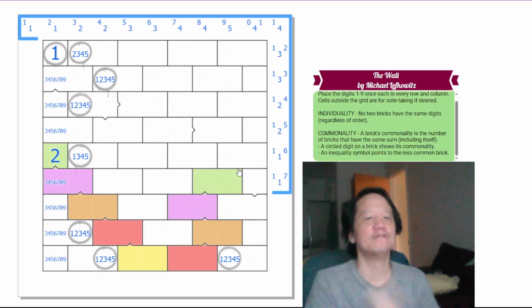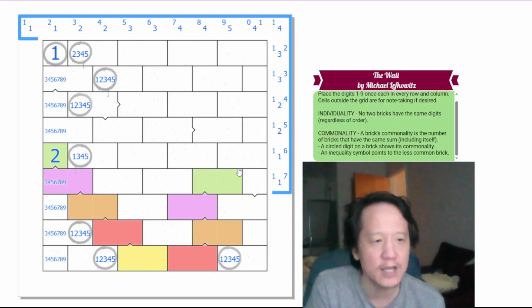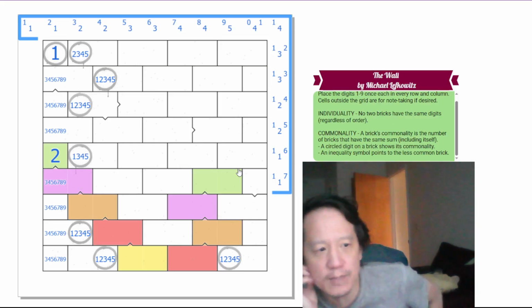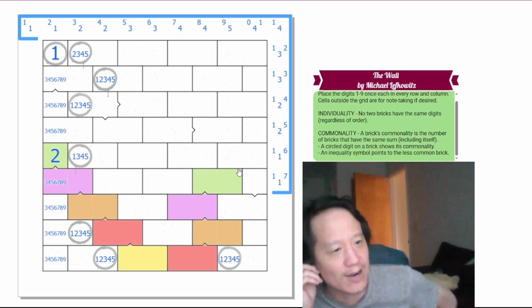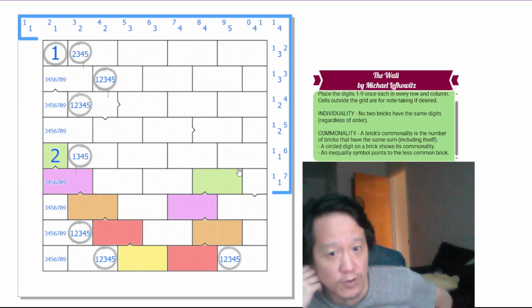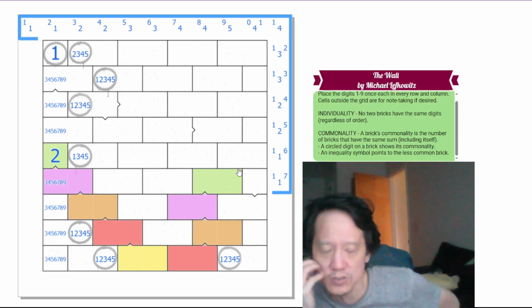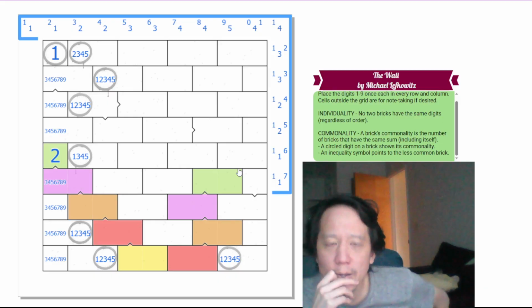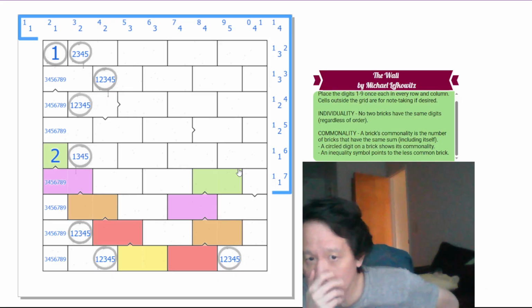So we have each of the unique combinations in the bricks. So we are guaranteed to have all the combinations in each of the bricks. That's interesting. Okay.